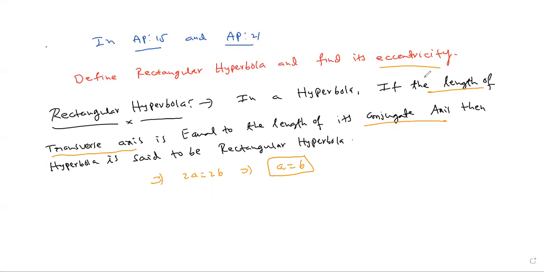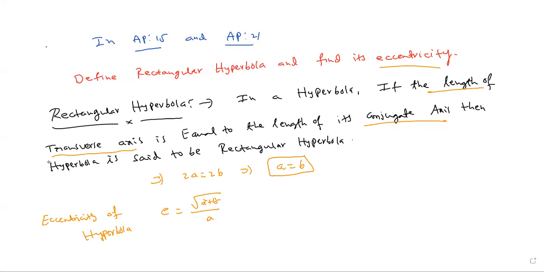Find its eccentricity. General eccentricity formula, eccentricity of hyperbola in standard form: e is equal to under root a square plus b square by a.